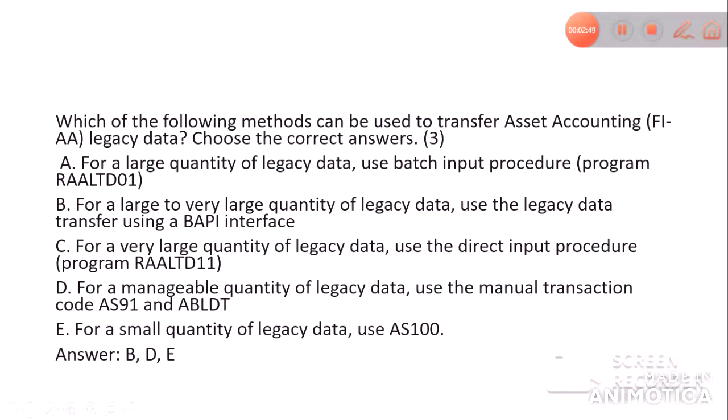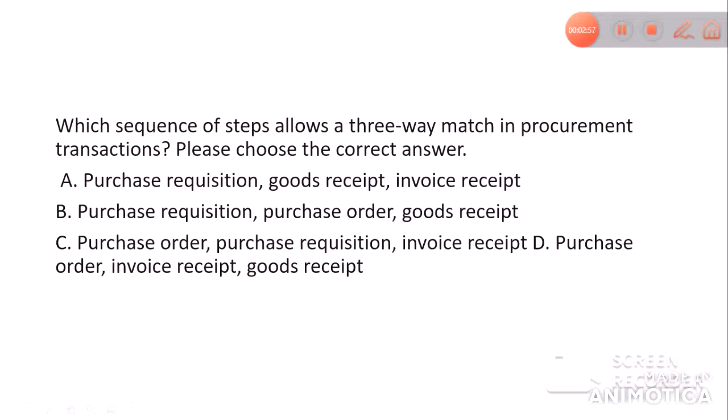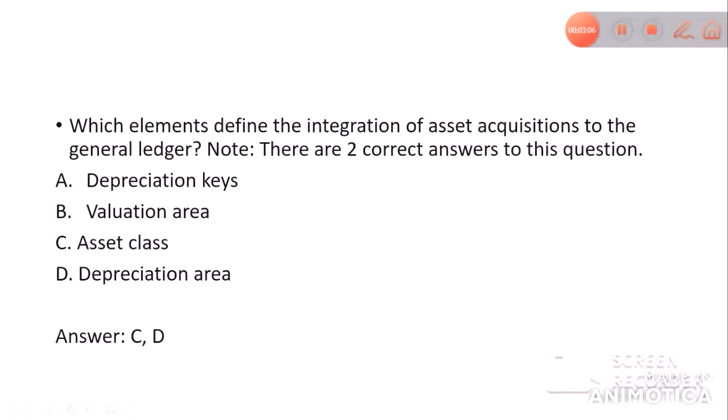For a small quantity, use AS100. Which sequence of steps allows a three-way match in procurement transactions? Only in procurement: purchase requisition, purchase order, and goods receipt. Which elements define the integration of asset acquisitions to the general ledger? So mainly it will be asset class and the depreciation area.